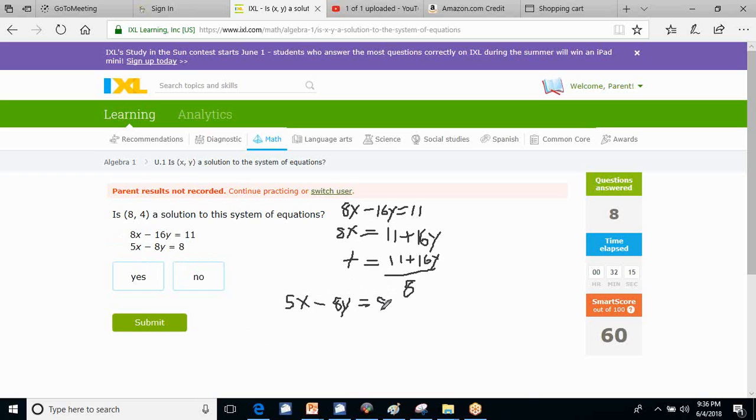You're just rewriting the equation. So this is x, so you just put it in brackets and write out what x is. That's 11 plus 16y over 8.